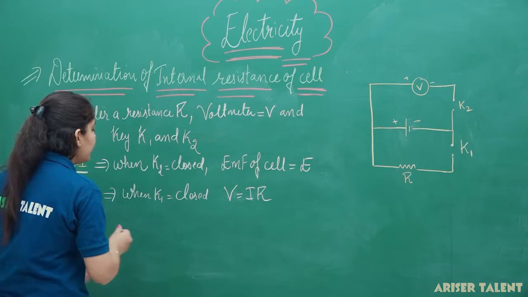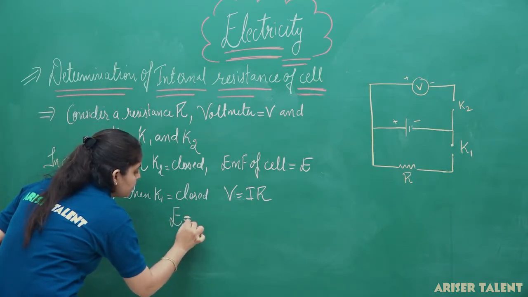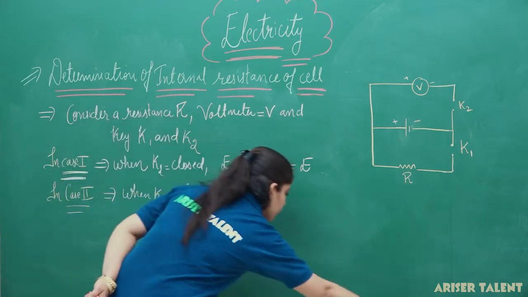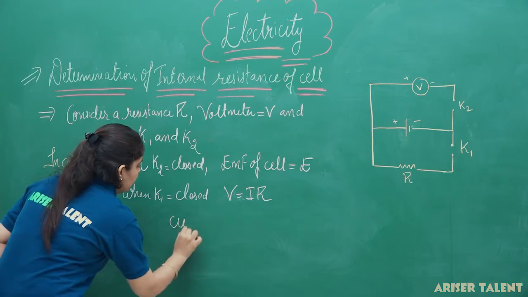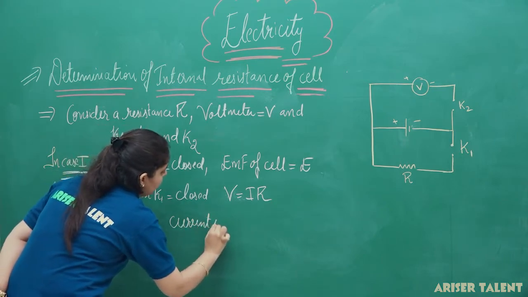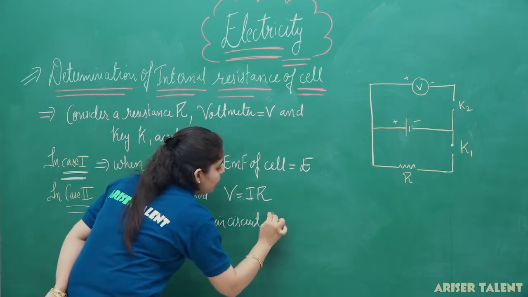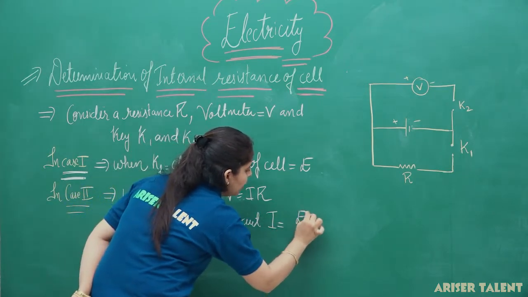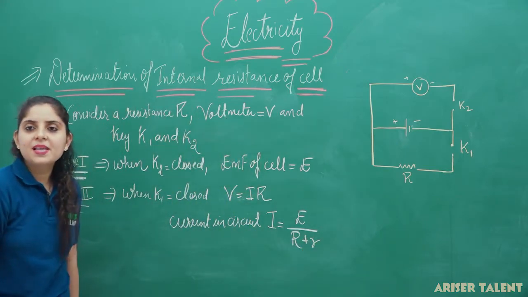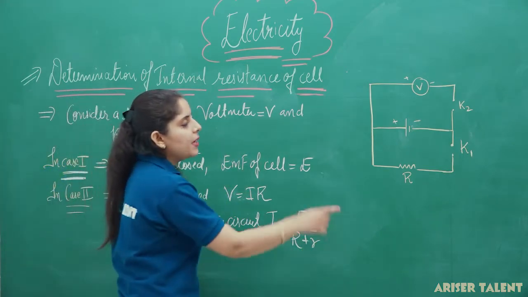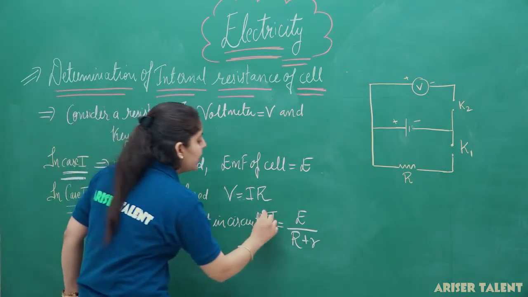We will write E equal to... the current in the circuit will have a value I, and that is equal to E upon R plus r. Why have I written R plus r? Because the internal resistance is assumed to be connected in series combination. So, this is the value of current I am obtaining here.